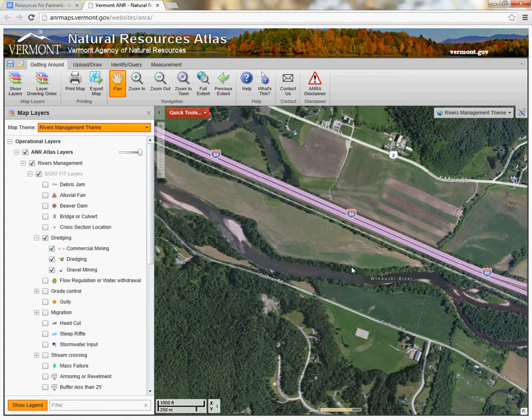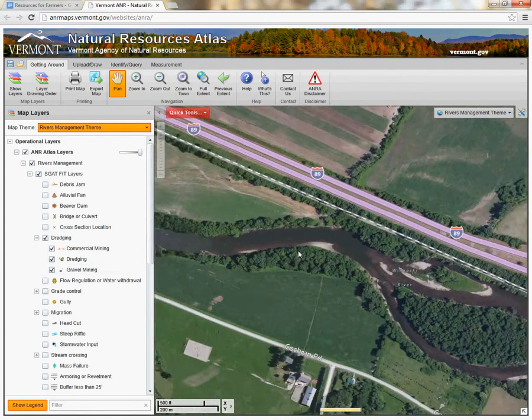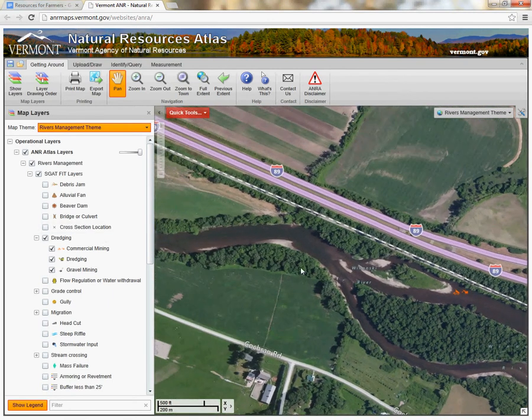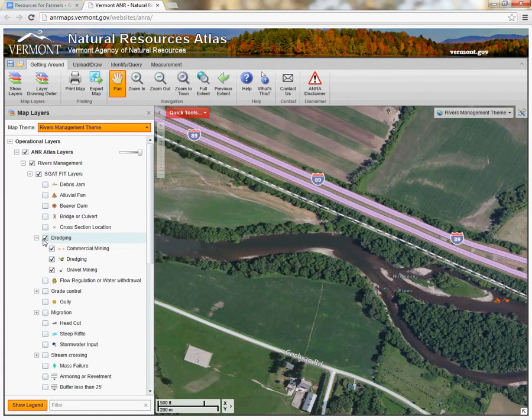So, areas like this, upstream, have mining where they're probably taking gravel out for construction, and this is a sign that the river is going to move faster because it's deeper and has less of a slowing effect on the water. So this dredging folder is important to look for, especially upstream of your property.